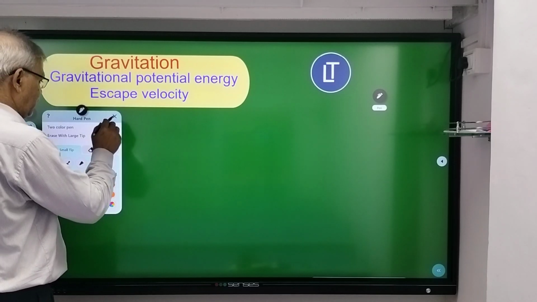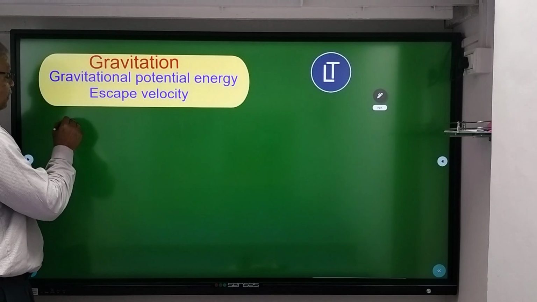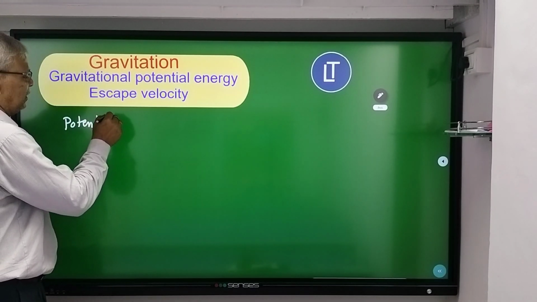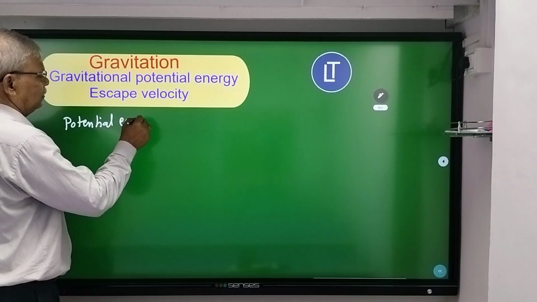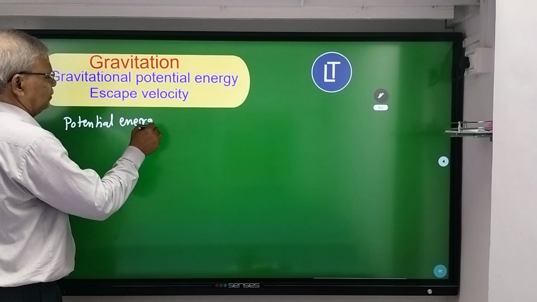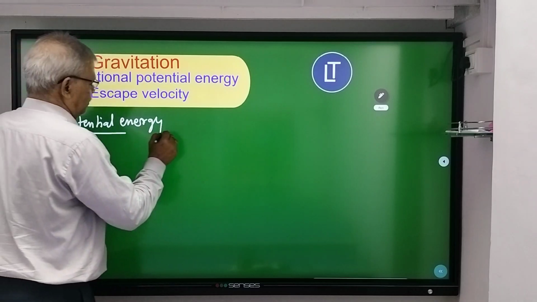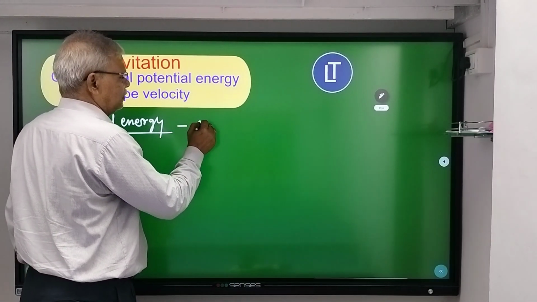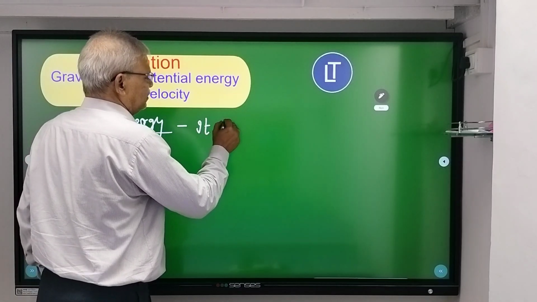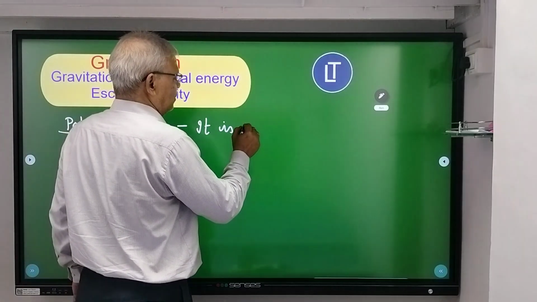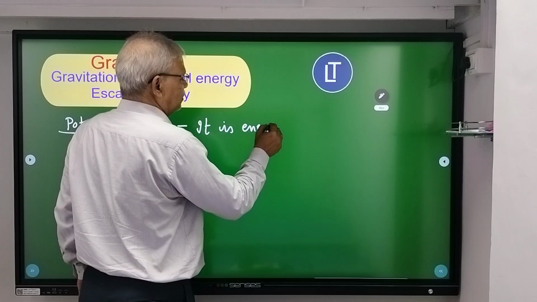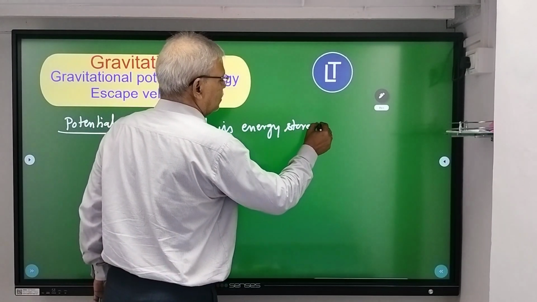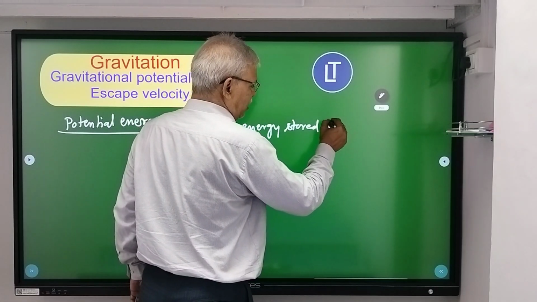Here I am going to write the definition. Potential energy. Now see what its definition is.